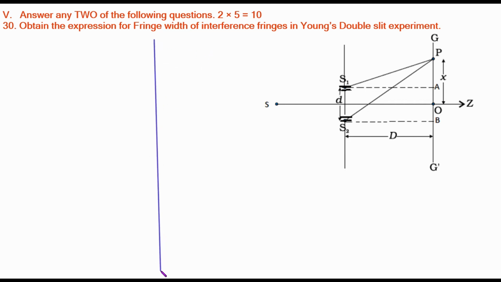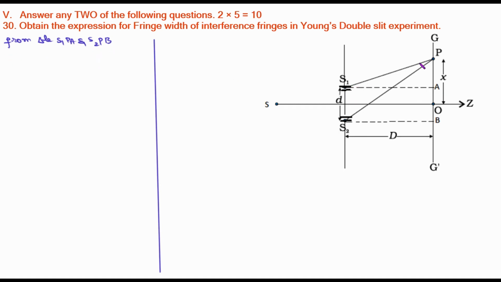Next, the first thing which you see here is two right angle triangles, S1PA and S2PB. So from triangles S1PA and S2PB, I can write using the Pythagoras theorem.